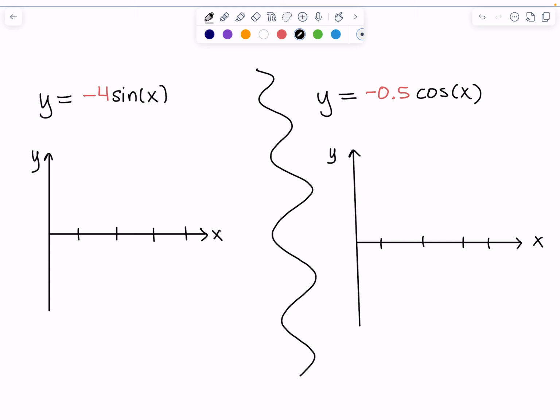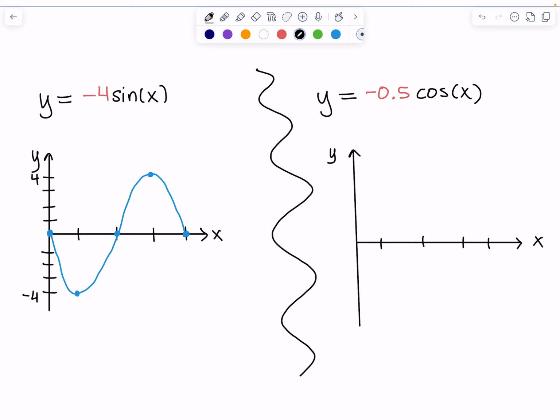Okay, so for my sine, I always start at the middle, but this is changing my height and it's reflected. So yes, it's going to go as low as -4 and as high as +4, but it's being reflected. So it's going to go to that negative, that minimum first after its starting midline point, then back to the midline, then go to its max of 4, then back to the midline. Something like that.